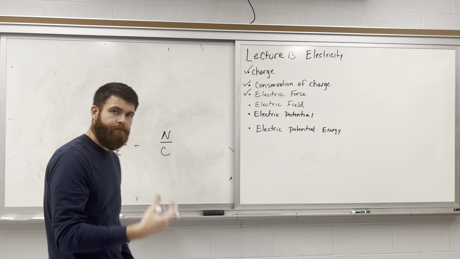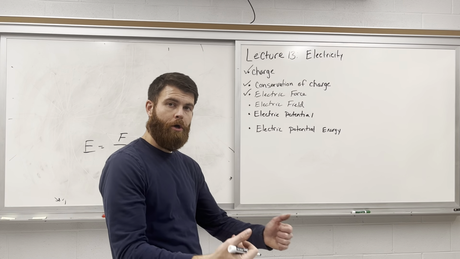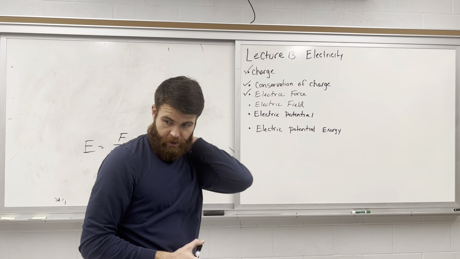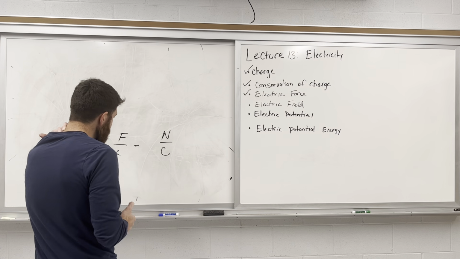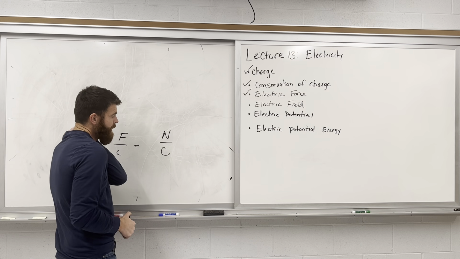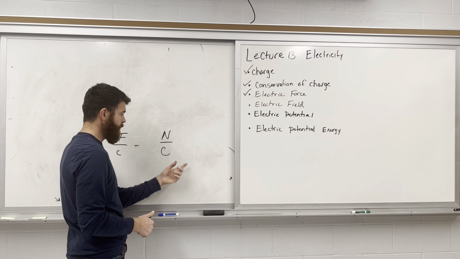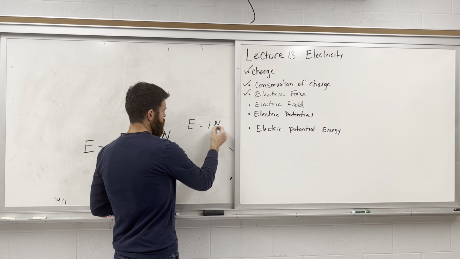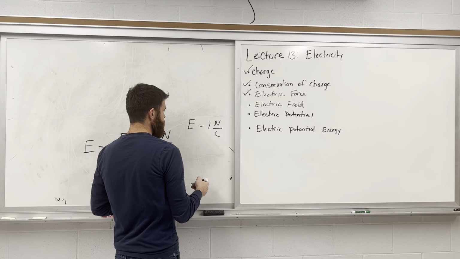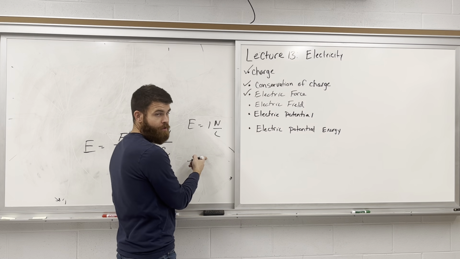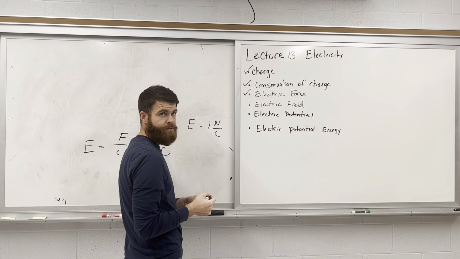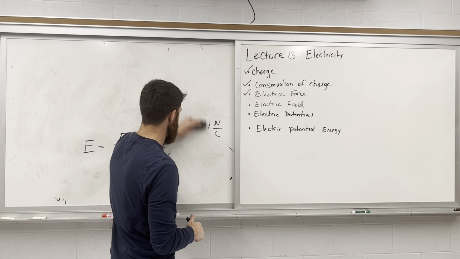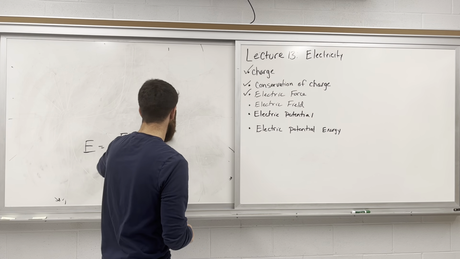How many newtons of force per coulomb of charge are exerted on that charge? So if you had a field strength of 1 newton per coulomb at a particular place, then if there's 1 coulomb of charge, which is a lot of charge, there would be 1 newton of force exerted on it. Right? So those are the units of an electric field.